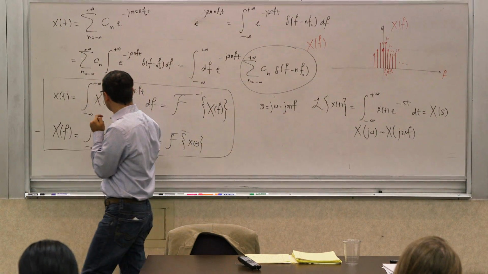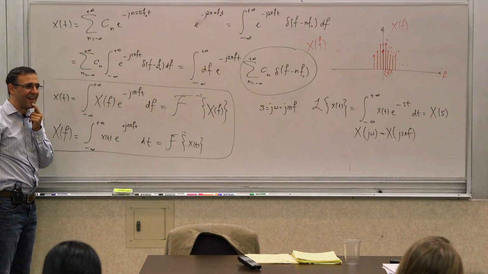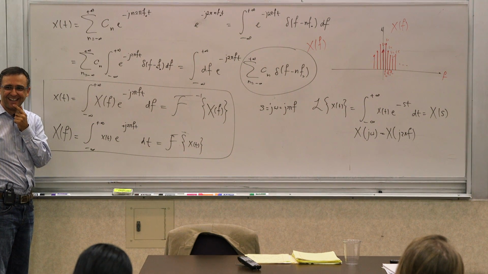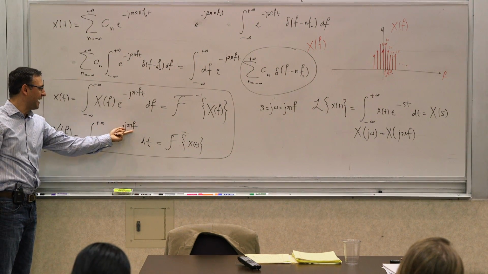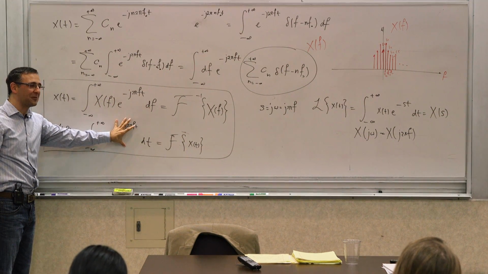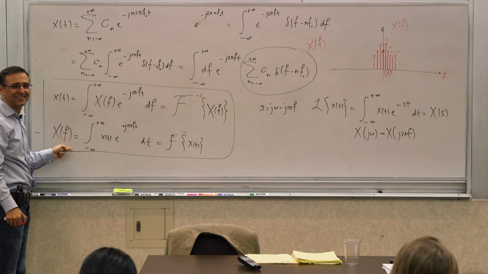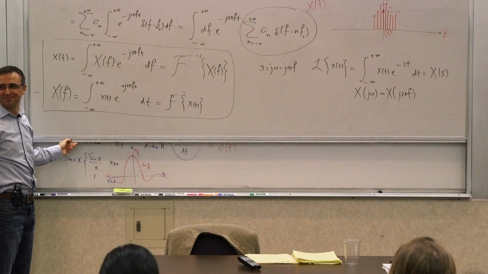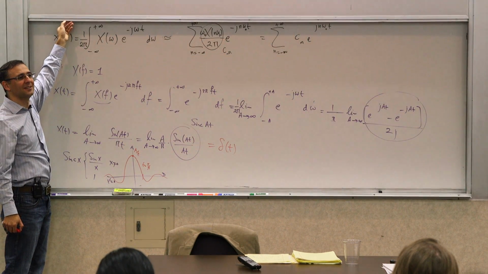If I make x of t delta of t, what do I get? The value only matters at t equals 0, which is 1. So it's the integral of the delta, which gives you the 1. So we went the long way around to show this.